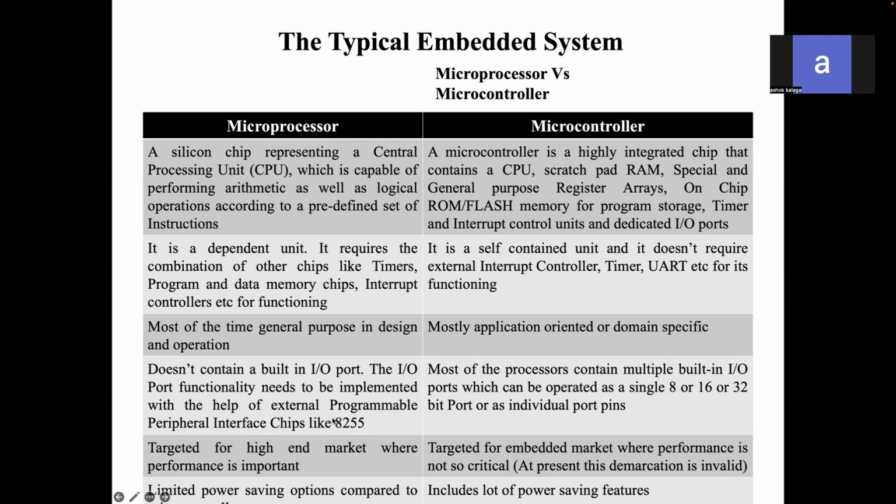The microprocessor is targeted for the high-end market where performance is important. The microcontroller is targeted for the embedded market. The microprocessor has limited power saving options compared to the microcontroller, which includes a lot of power saving features. So these are some of the differences between the microprocessor and the microcontroller.